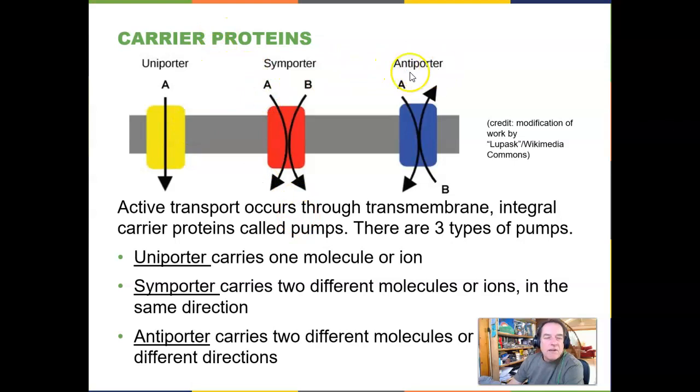And then we finally have antiport transport, where one thing is moved in and the other thing is moved in the other direction. So these are three general categories: uniporter in or out, symporter in or out, antiporter in or out. A may go in, A may go out. I can think of examples in both cases.